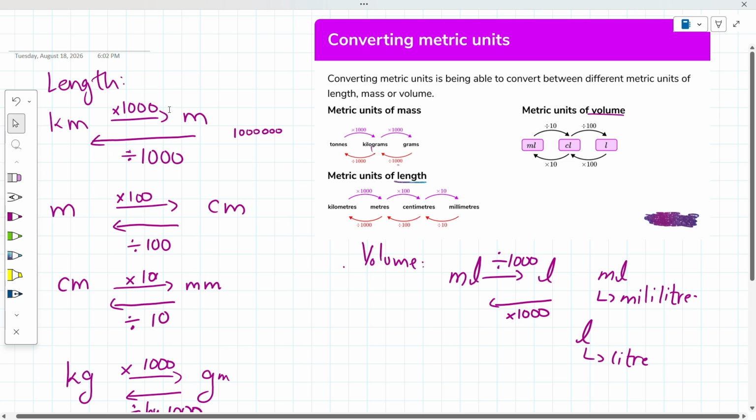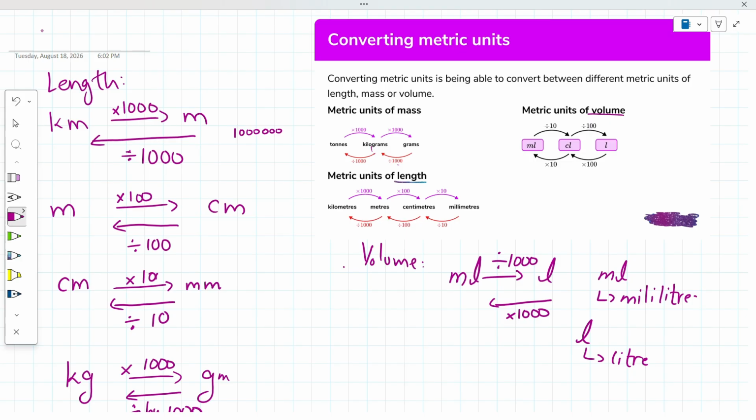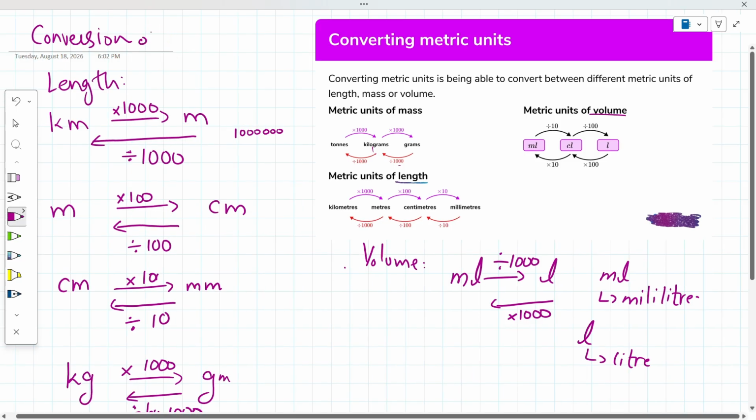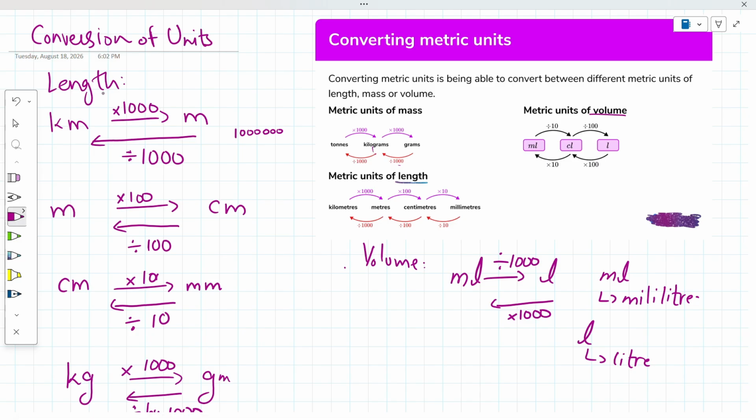Okay class, so in this lecture we are going to discuss the conversion of units. When we are talking about length, we have the kilometer.